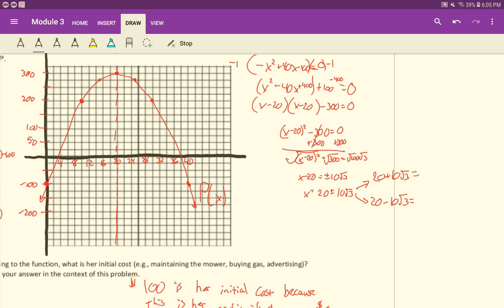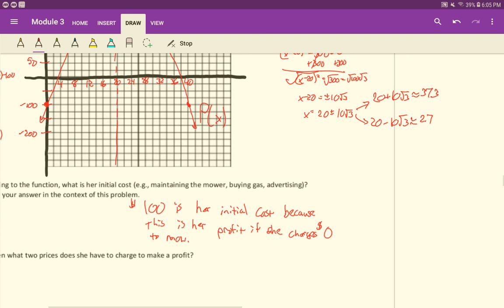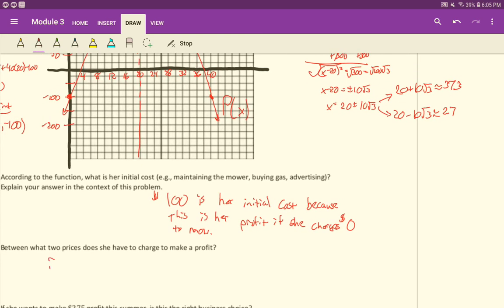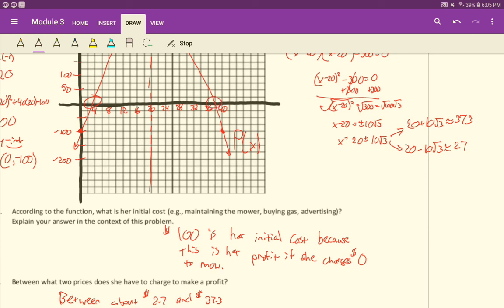So approximately 37.3 and approximately 2.7. So that is what you would have to charge to make a profit: between about $2.7 and $37.3. That's where our zeros are right there.